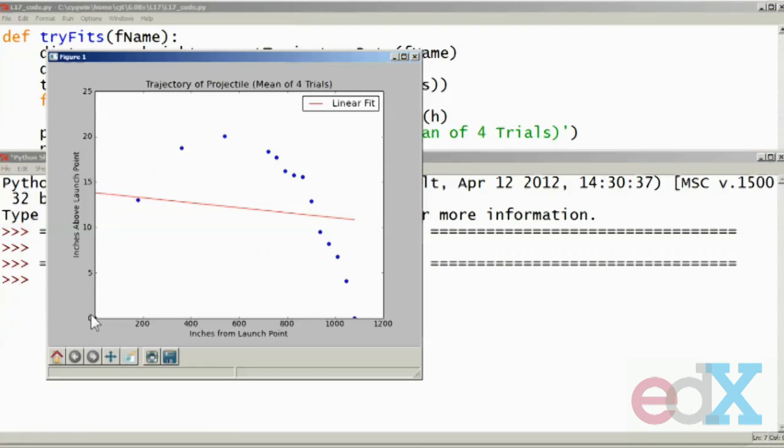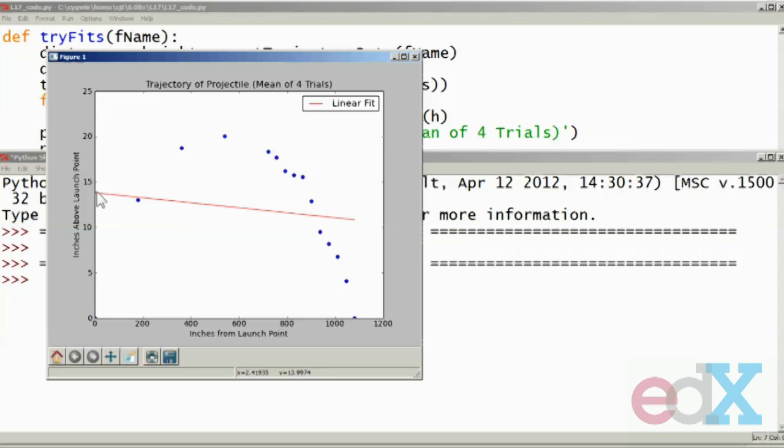So here we have the data. You can see the arrow flies from the bow over here to the target, and the target looks to be about 1,080 inches from where it was released. You can see it follows a trajectory where it goes up and then comes back down again.